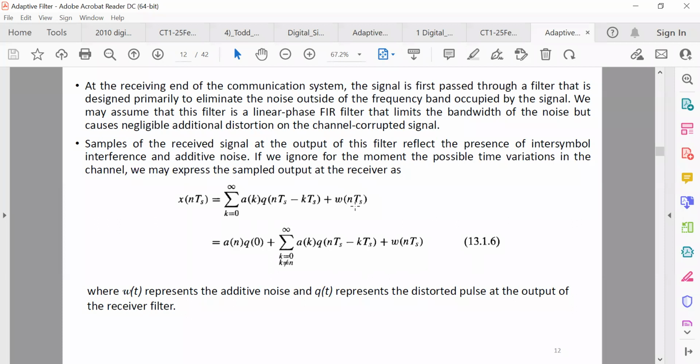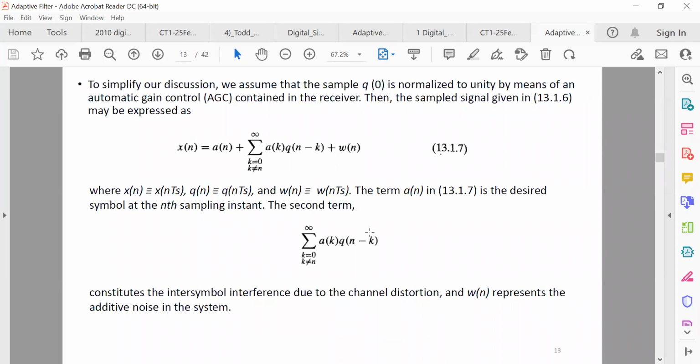And if you remove a_n q_0, which is separated, then the rest can be considered as the noise part. This whole part is the unexpected part, but only this part is the expected part. Then we can simplify the right hand side like x_n equal to a_n plus this term.